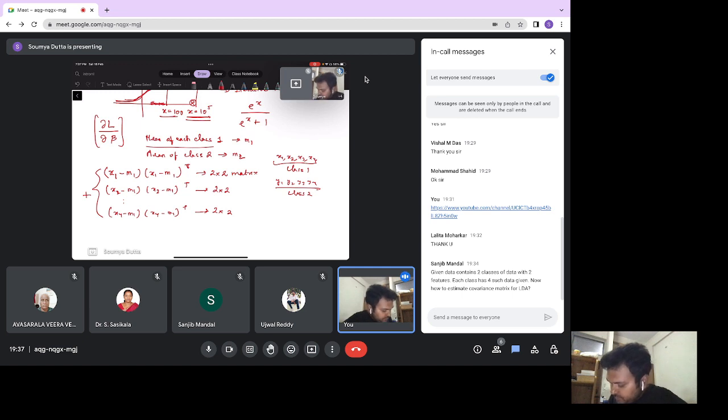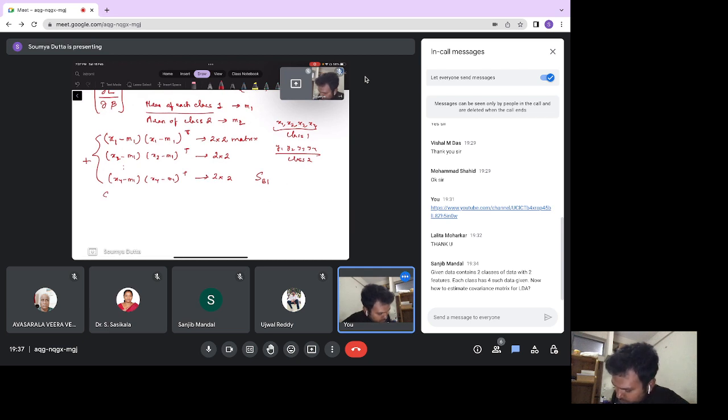That will be the within class covariance matrix of class 1, let's say SW1. Similarly, you can calculate SW2 using y1, y2, y3, y4, and M2, where M1 and M2 are the means of these points.